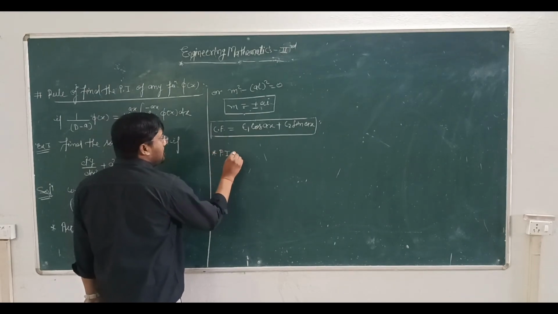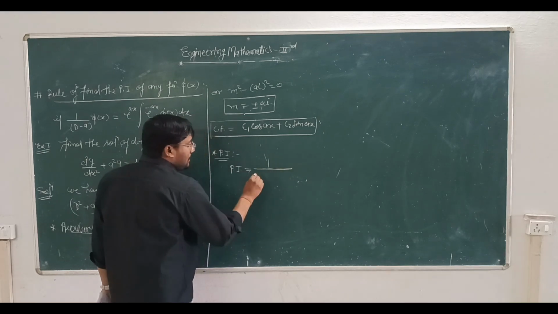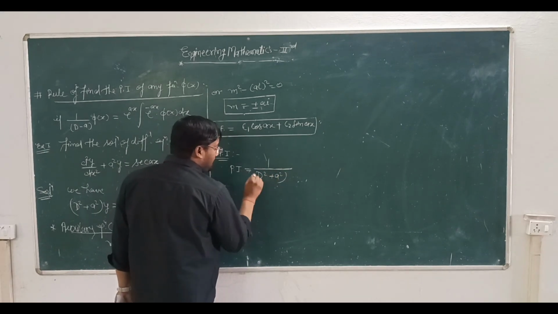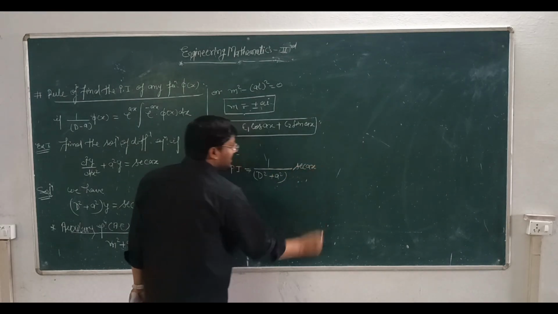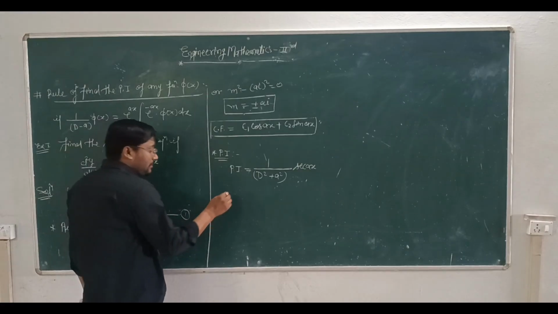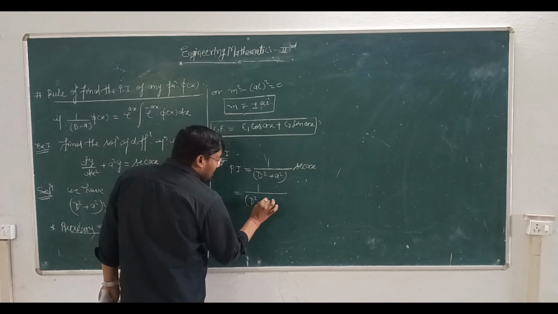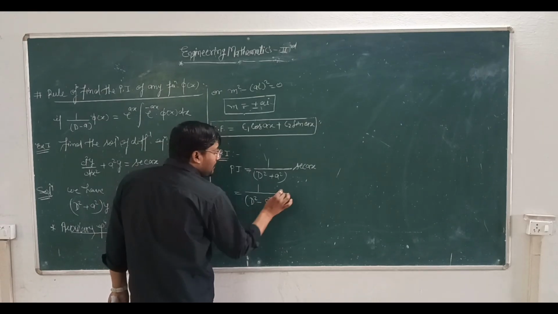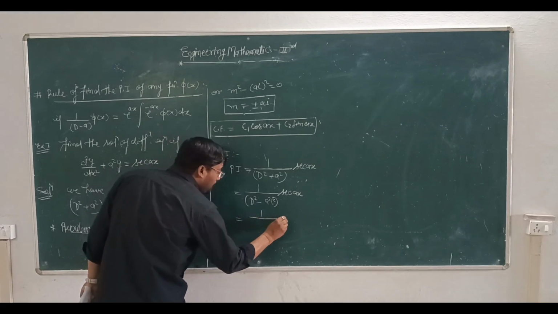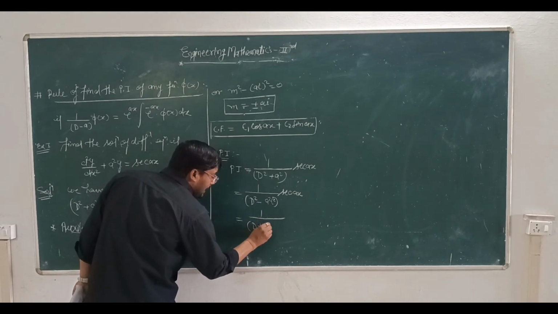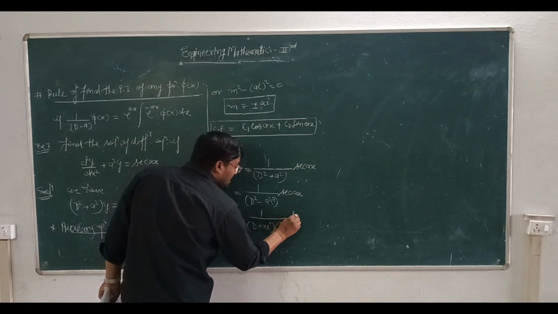You can write PI is equal to 1 upon D square plus a square sec ax. Now you can write 1 upon D square minus a square i square sec ax, or you can simply write 1 upon D plus ai into D minus ai sec ax.